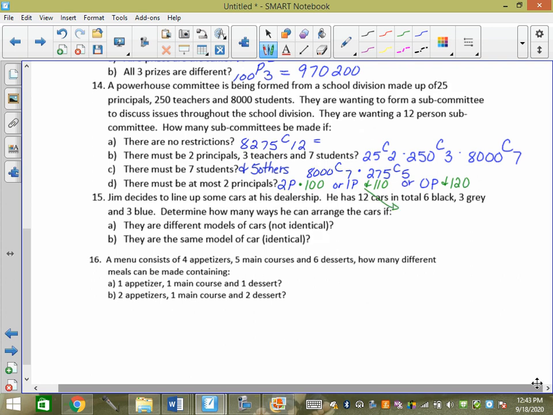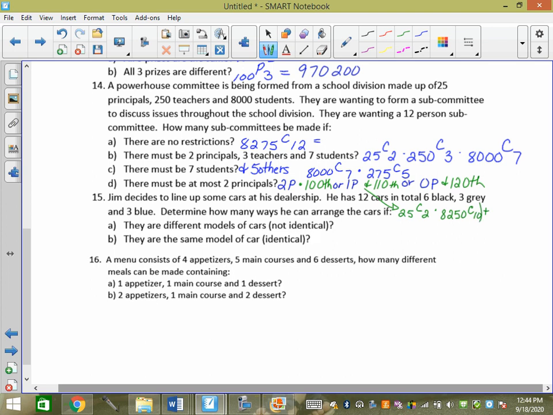So principals, there's 25, and I choose 2 times 10 others, not 100, it's 10 others. 11 others, 12 others. So others are 8,250, so 8,250 total, and I'm going to choose 10.